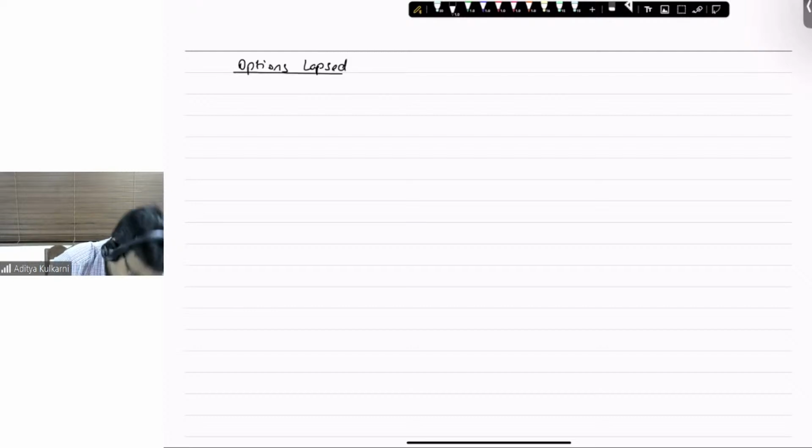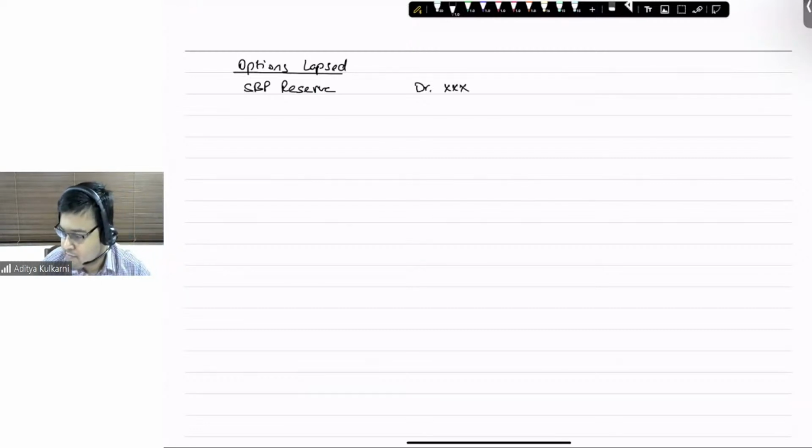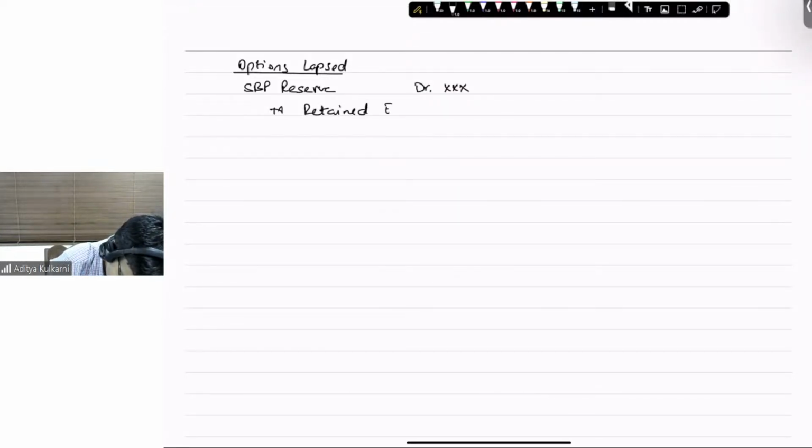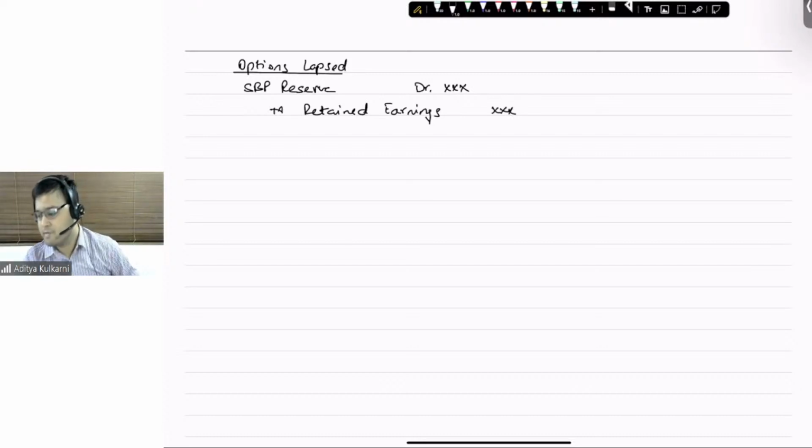What if your options lapse? The entry is going to be the reserve balance, SBP reserve debit, to retained earnings. This is in respect of options lapsed.